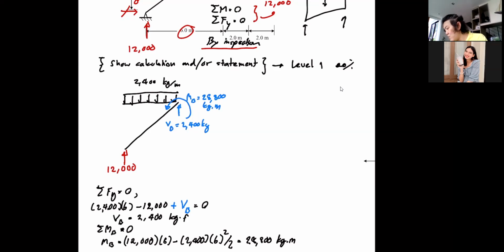Okay, so what would be the next step? The next clever step would be maybe to work your way from the right.